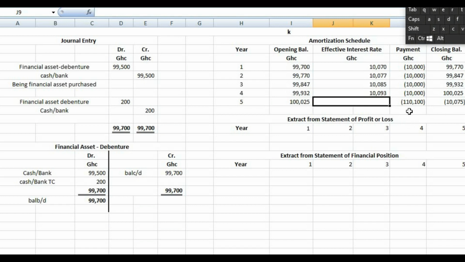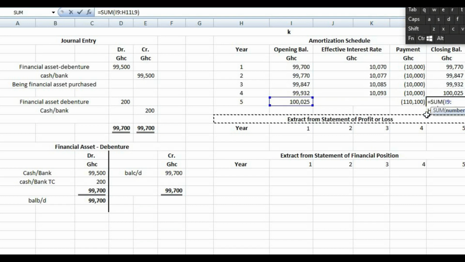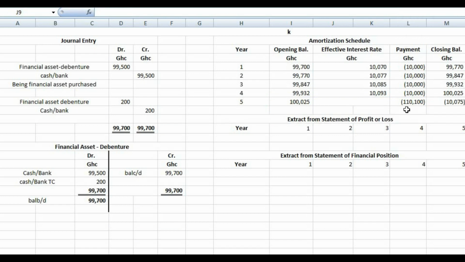So what we are going to do is find the difference between this opening balance and this total payment. Then the difference between this and this is this. All right. So we put this figure. So in order not to have any closing balance at the end of year 5, we are going to put this value here.